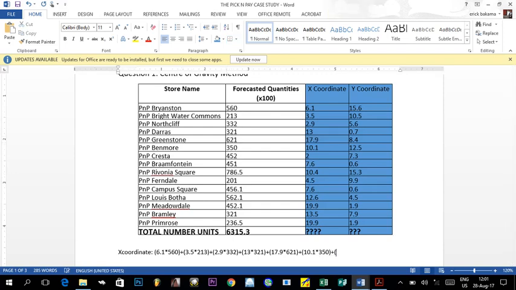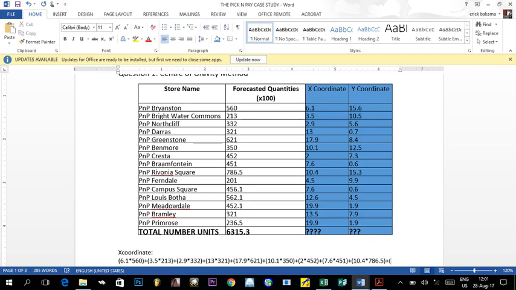Then we do the same for Pick and Pay Cresta. The coordinate is 2, which we multiply by 452, plus 7.6 multiplied by 451, and then we take 10.4 multiplied by 786.5.